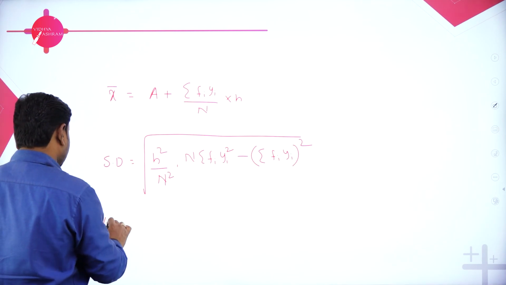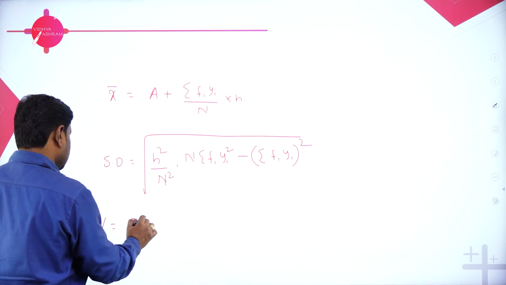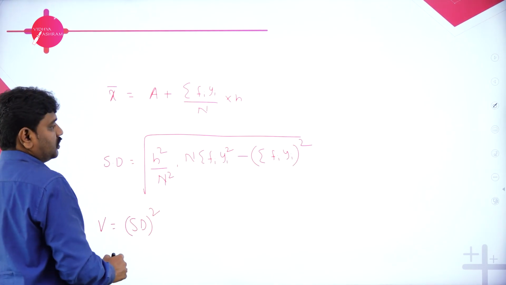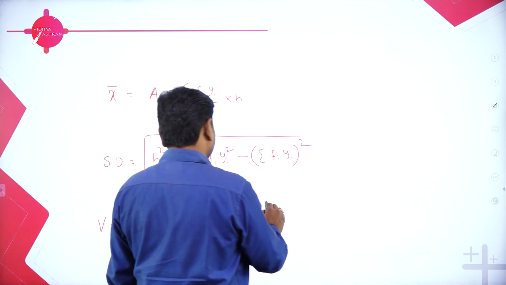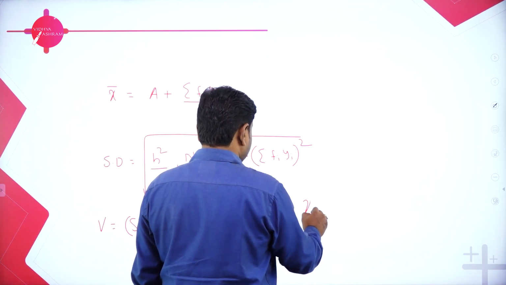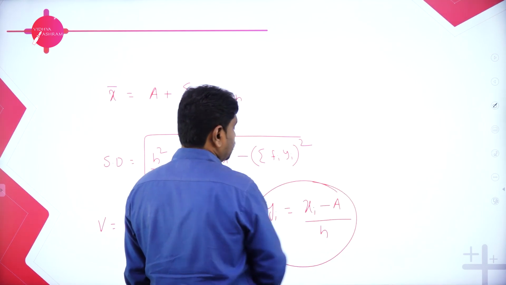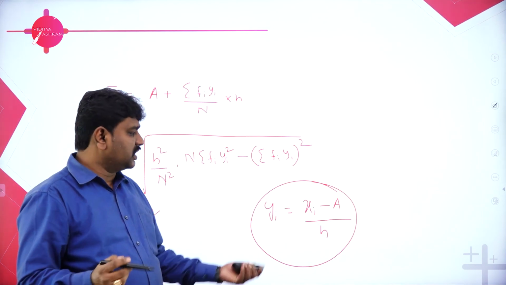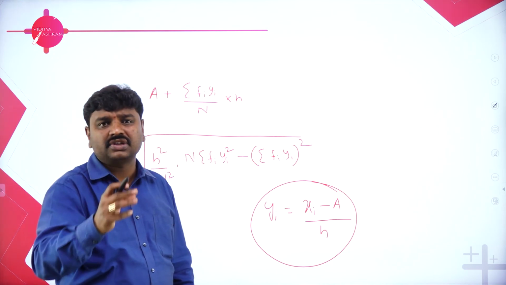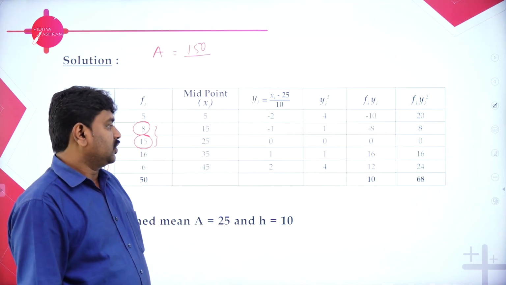Remove the root and you will get variance, or simply remember variance is standard deviation whole square. And yi is xi observation minus assumed mean divided by class size. For assumed mean, anything fair enough within the data, you can assume a mean. I hope all of you got this.